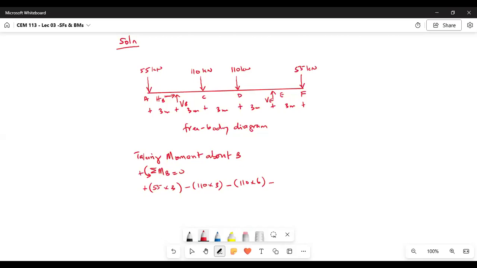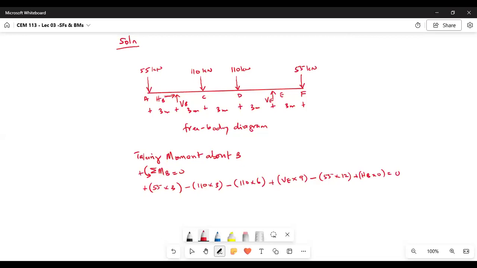Then we have VE times a distance of 9. Then we have minus 55 times the distance 12, plus HB times 0.